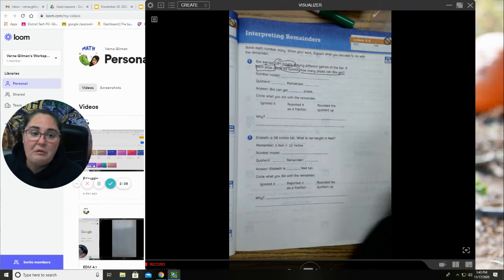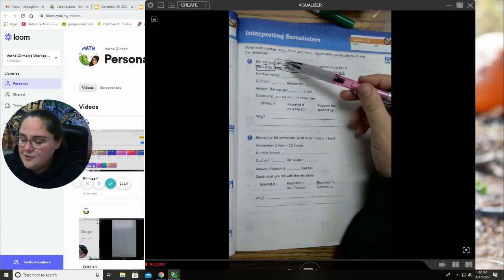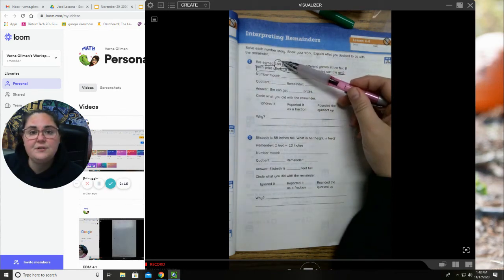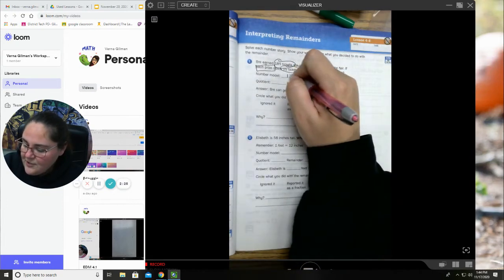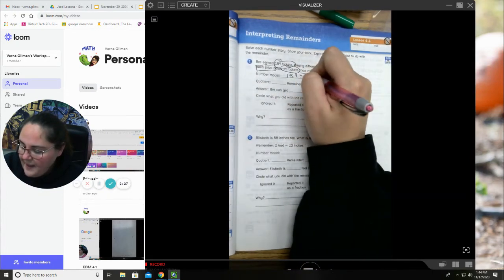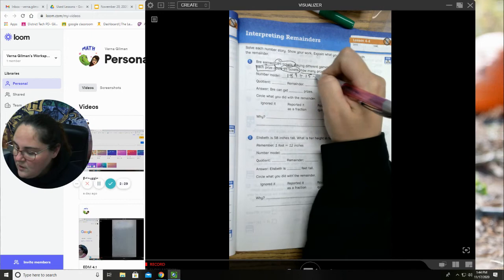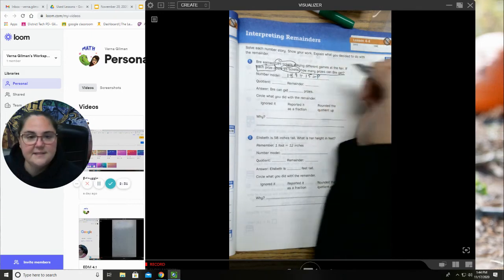Well, first of all, you're interpreting remainders, so you're going to divide. What am I dividing? Am I dividing the 189 tickets that she earned, or am I dividing the 15 tickets apiece? You're going to divide 189 divided by 15 equals P for prizes.